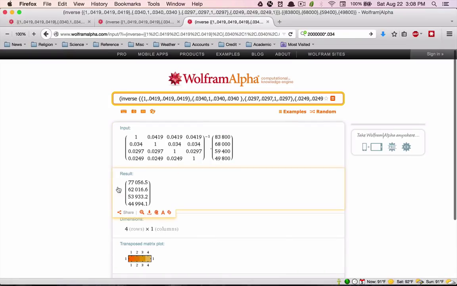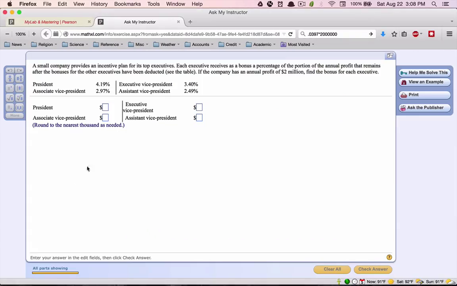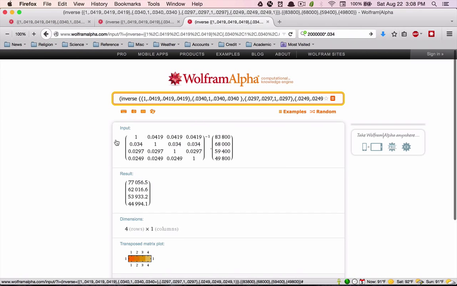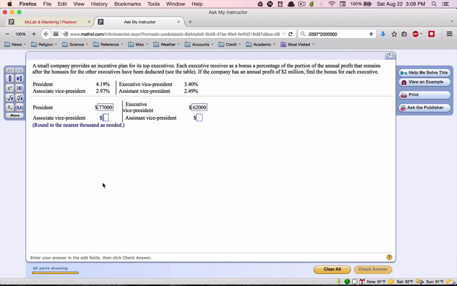So we'll take these numbers as 77,000 to the nearest thousand, 62,000, 54,000, and 45,000. And that should take care of this.